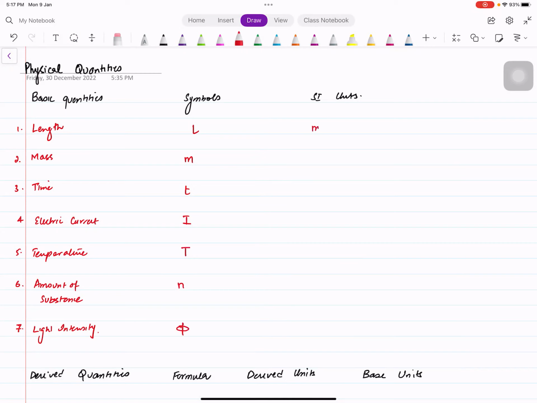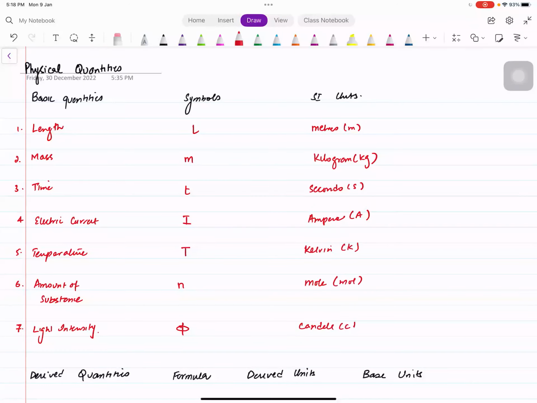Now the SI units: for length it is meters, m; kilograms for mass; seconds for time; current is ampere; temperature is Kelvin; amount of substance is mole; and light intensity is candela, cd, like that.